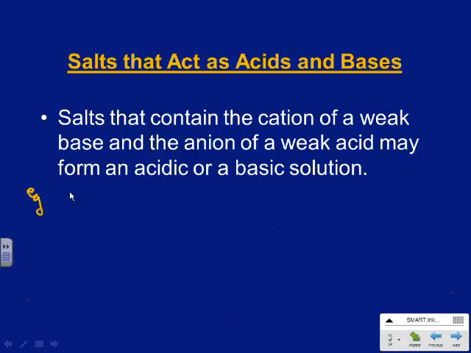I want to change my example again. All right, you're right, we won't. Am I doing NH4CN? All right, I'll do NH4CN.